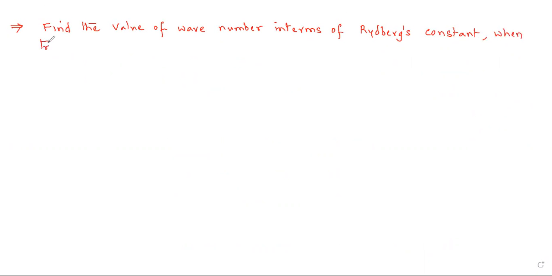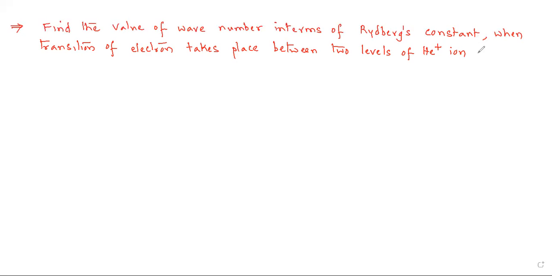Find the value of wave number in terms of Rydberg's constant, when transition of electrons takes place between two levels of helium plus ion, whose sum is 4 and the difference is 2.